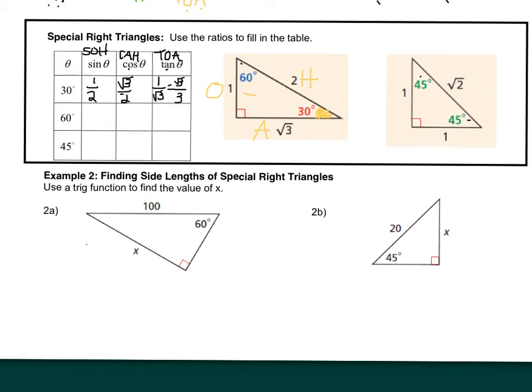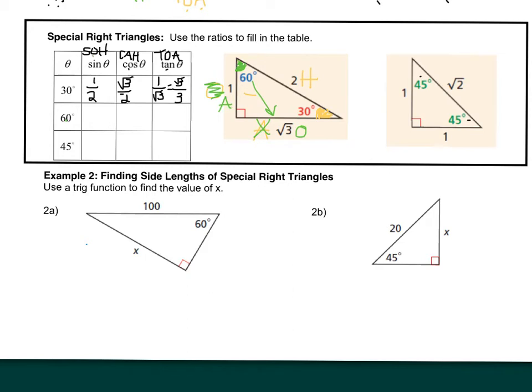Next row, we're going to do sine, cosine, and tangent of 60. So this time, 60 is going to be the angle we use, which means the hypotenuse is still the hypotenuse, but this time the opposite side is the square root of 3, and the adjacent side is 1. So they flip-flopped. So let's use those to write sine.